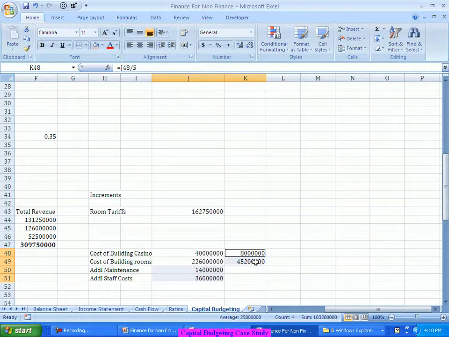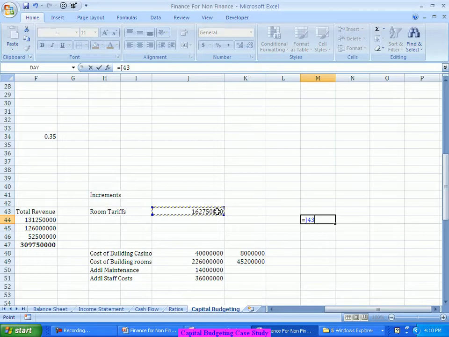Depreciation, if you remember, the way we have arrived at PBT, we have subtracted the depreciation also to arrive at the PBT. Because it's an allocation. Yeah, this is the depreciation for the two, the building and the casino, assuming 5 years is their life. So what is happening every year? The extra profit that is coming is this minus this minus this minus this minus this.